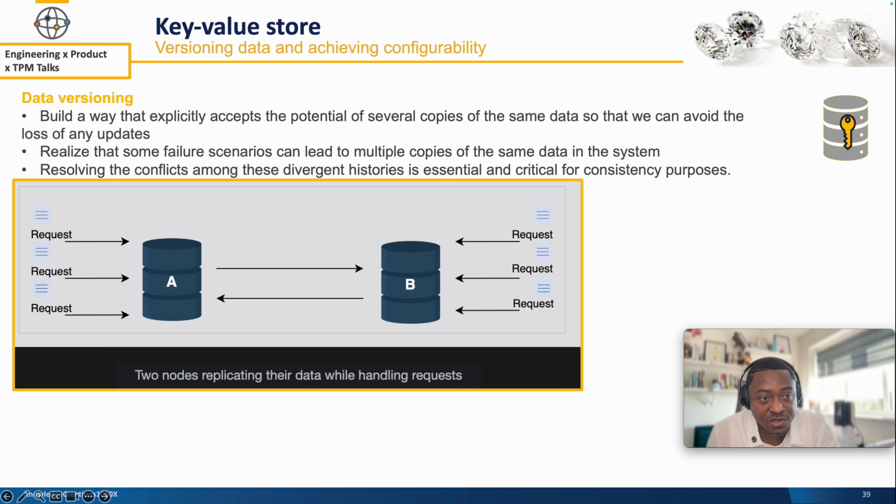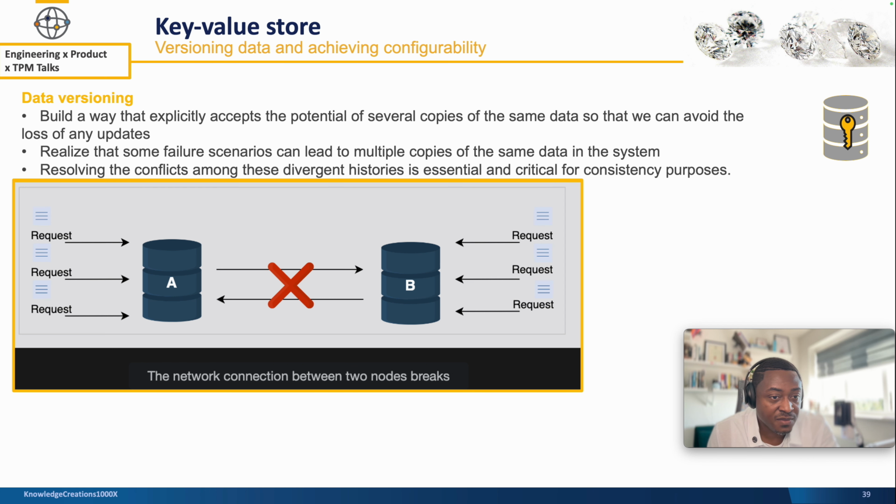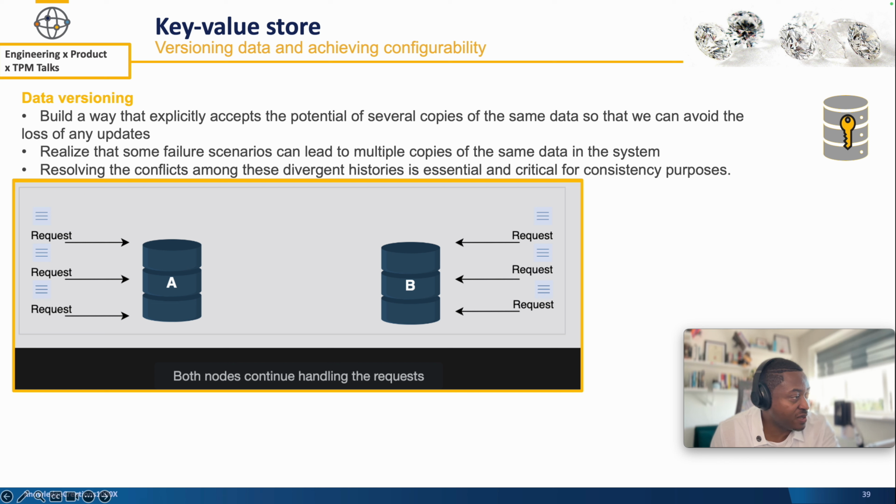Another approach is to maintain causality. Now the network connection between the two nodes breaks. So that's the network partition has happened. That's what we're talking about now. So we talked about trying to use timestamps to solve this. The nodes will continue to handle requests, right?